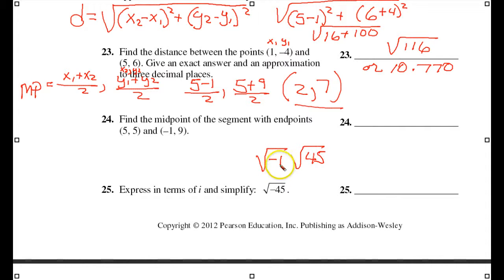So we said this is the letter i, and this is 9, let's see, 9 times 5. So we take out the square root of 9, which is 3, so this will become 3i, is the way we usually write it, the square root of 5.